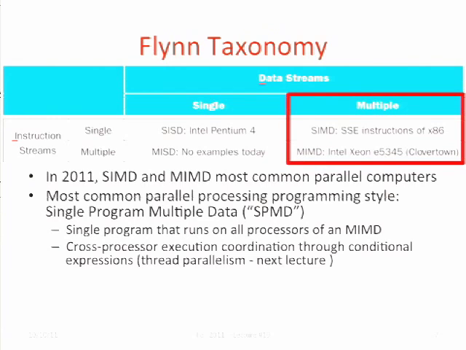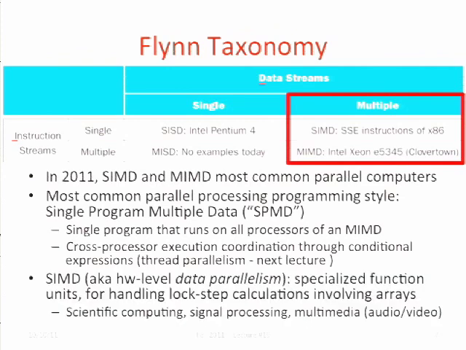The focus for today is SIMD, sometimes called hardware-level data parallelism. SIMD comes from array processing. A lot of the early uses for this type of processing were for linear algebra, or for multimedia, and also signal processing.